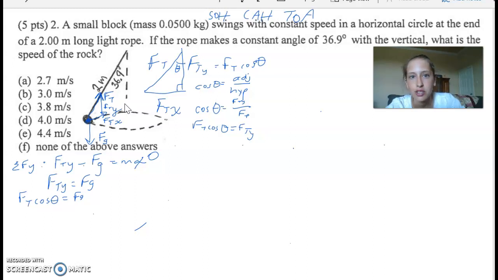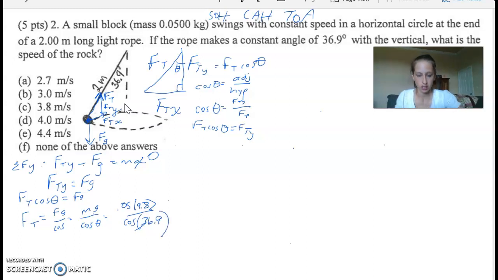You know what? Let's turn this into a number. So Ft equals Fg over cosine theta. So that's mg divided by cosine theta. That's 0.05 times 9.8 divided by cosine of 36.9. I get 0.799?